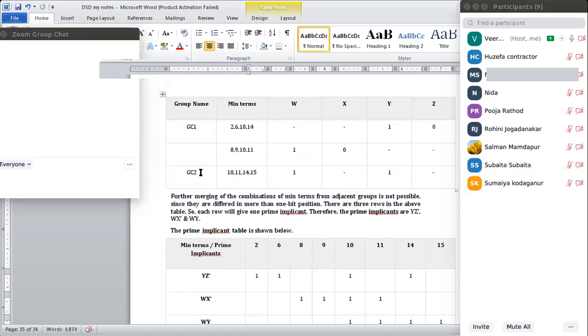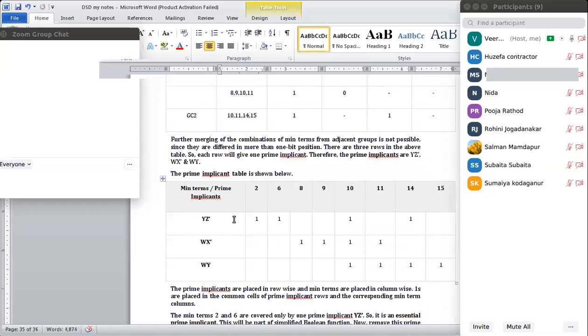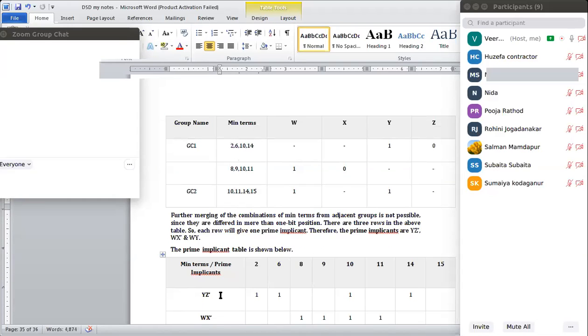The first row is 2, 6, 10, 14. The first row is YZ bar, as I told previously. YZ bar is covered by 2, 6, 10, 14.